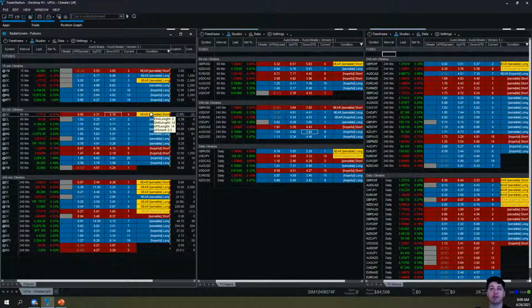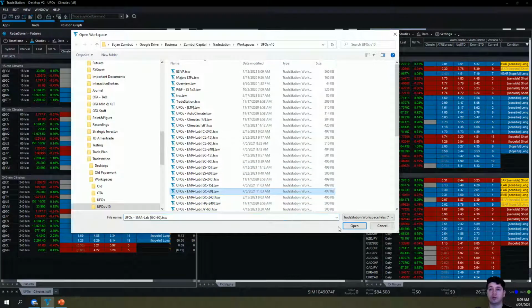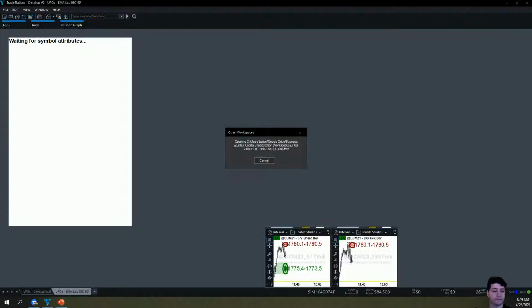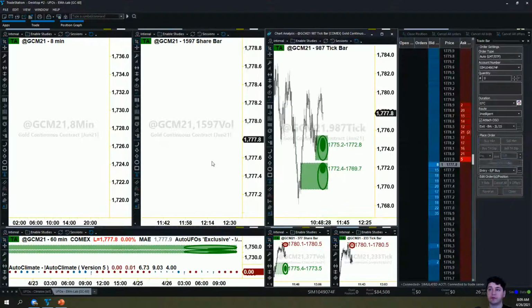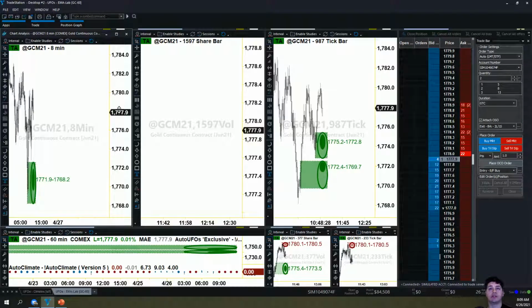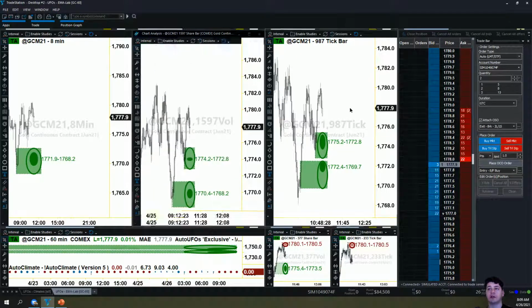And right here, we do have a gold near sensible short on the 60-minute time frame. Let's go ahead and open that up. So gold 60-minute is right there. All right, let's go ahead and get this properly scaled.